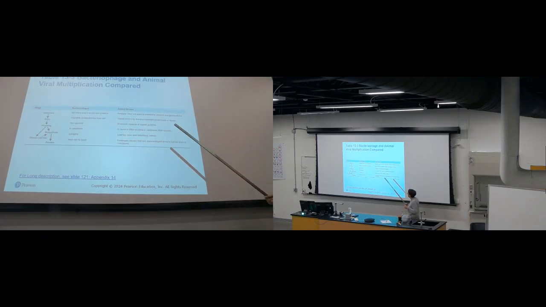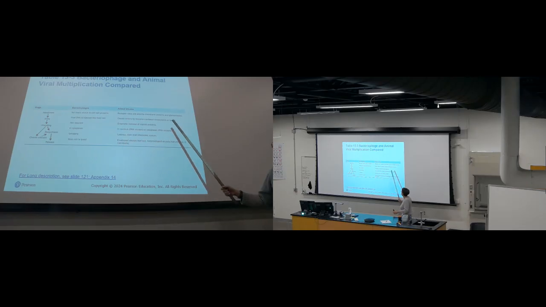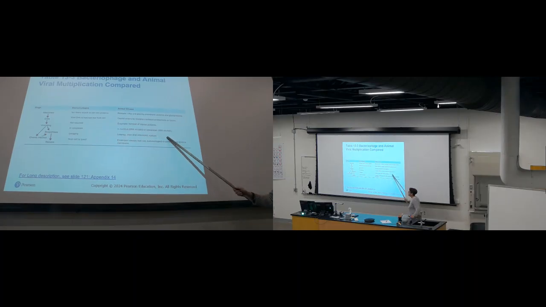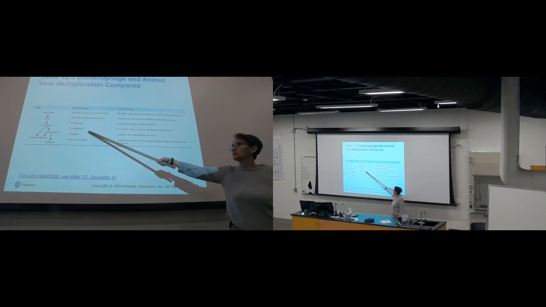But in animal viruses, with few exceptions, DNA viruses multiply in the nucleus, while RNA viruses multiply in the cytoplasm. And then bacteriophages, of course, again, because bacteria don't have a nucleus, always multiply in the cytoplasm.